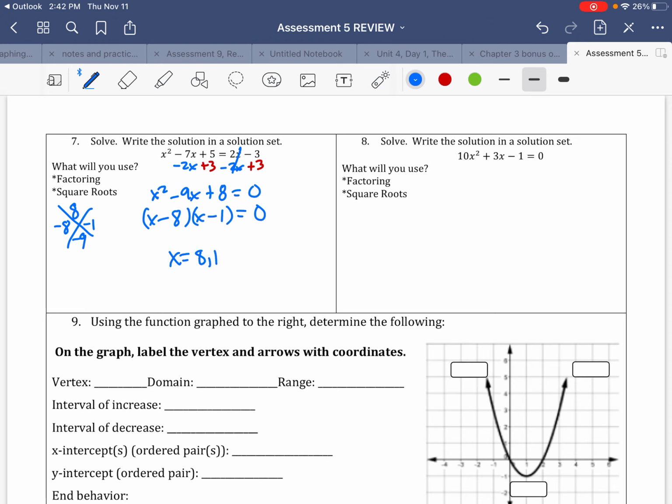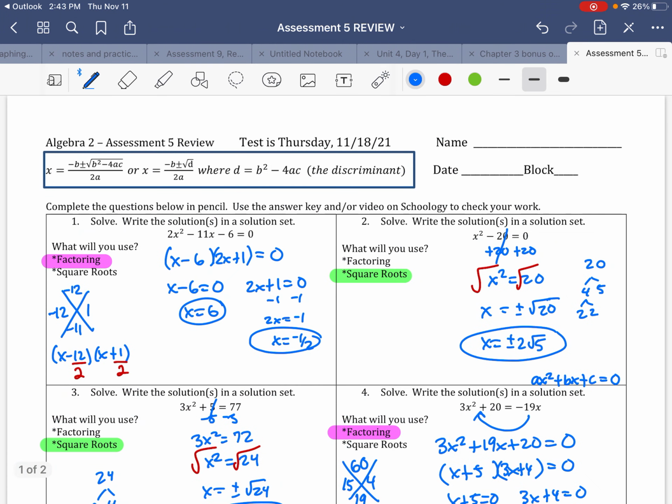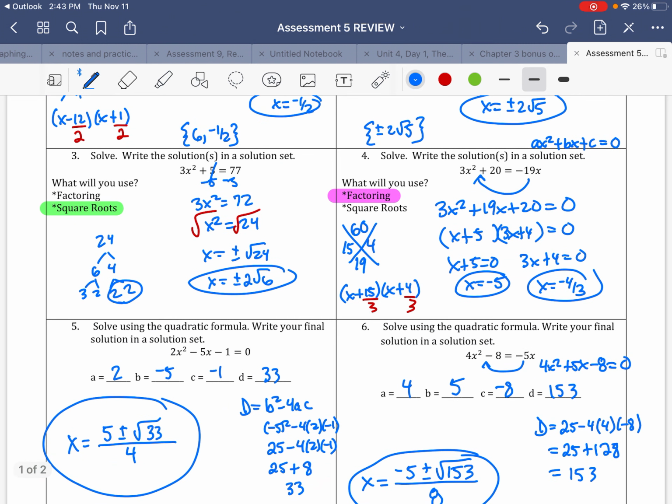So my answers are 8 and 1 because that's what would make this expression 0 and that expression 0. All right. Okay, so it says write these in a solution set. So if you wrote the answers, you'd put 8, 1 in a little bracket. And on the other pages, same thing here, 6 and -1/2. And over here, I could just put plus or minus 2 radical 5 in a solution set.